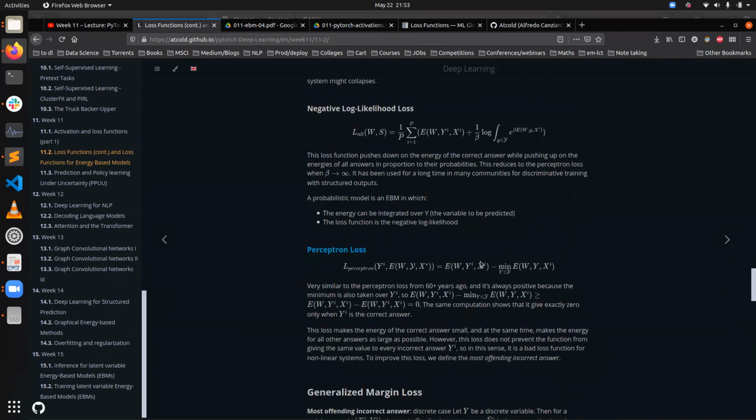So this is the energy at the correct y, and you subtract from it the minimum energy from all possible y's. Essentially it tries to make sure that the energy at the correct y is the lowest.